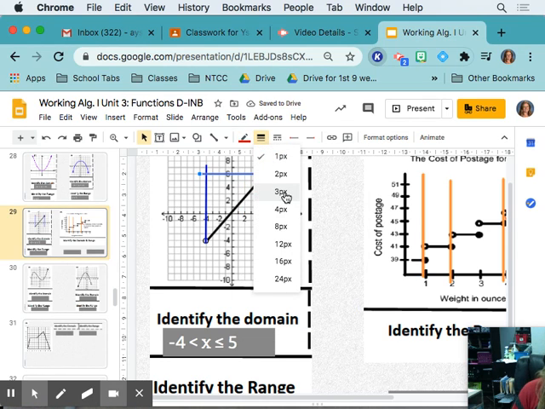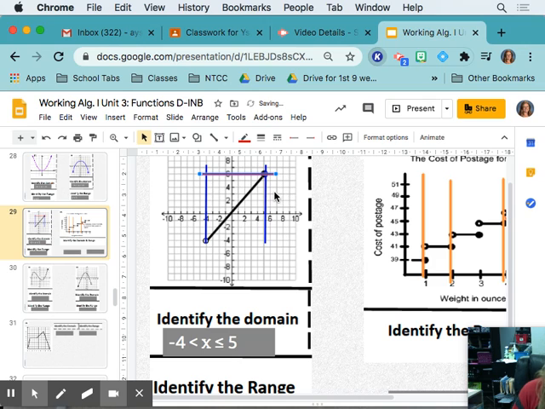I change the color and make it a 3-point. And then I hit Control C, Control V, and bring it down over here. So now it's boxed in. I can pull this in a little bit more. So the line that has been graphed is all within this rectangle right here.